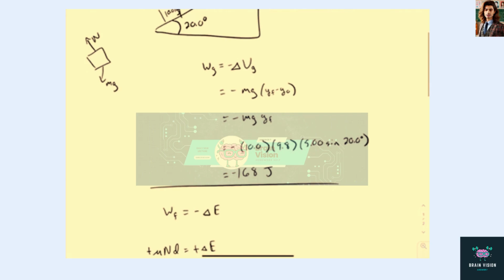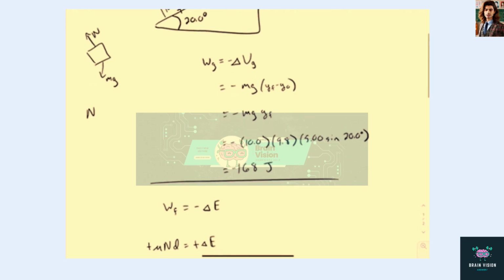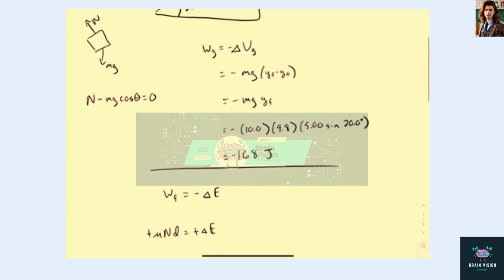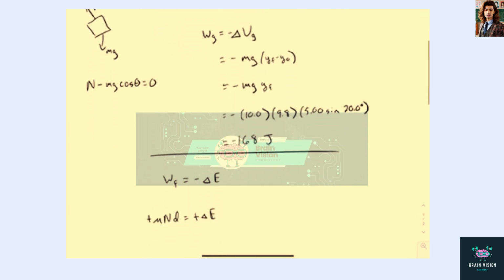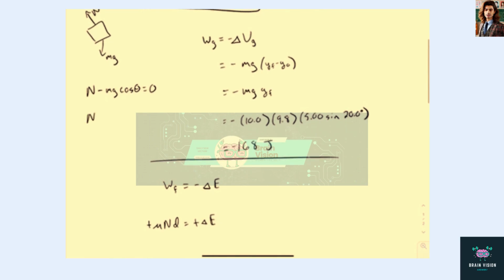The normal force and the component of gravity that's perpendicular to the ramp surface that the crate's sliding on are going to sum to 0, because it's not moving in that perpendicular direction. So this will be N minus mg cosine theta equals 0, because the forces are balanced. So that means the normal force is mg cosine theta.